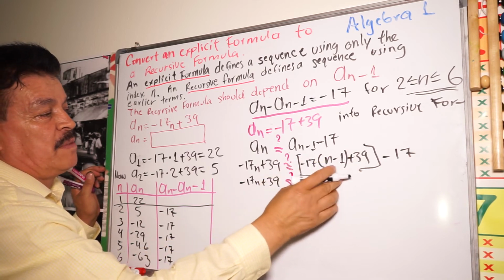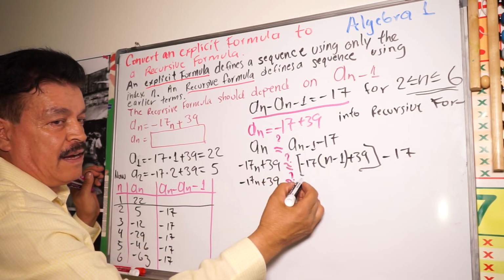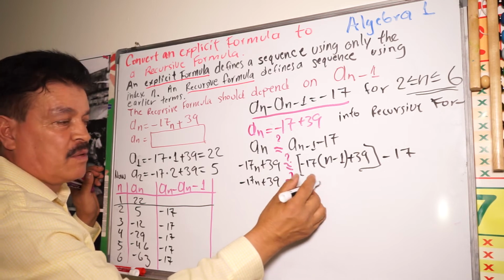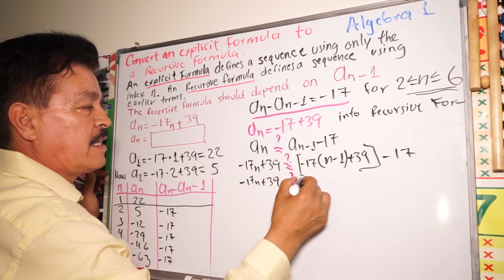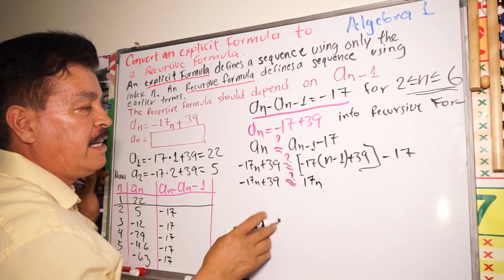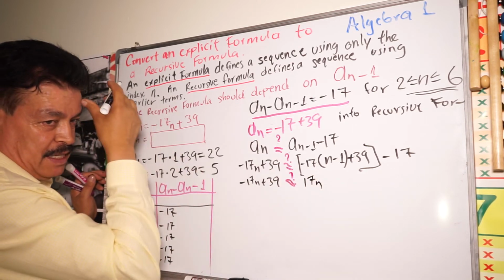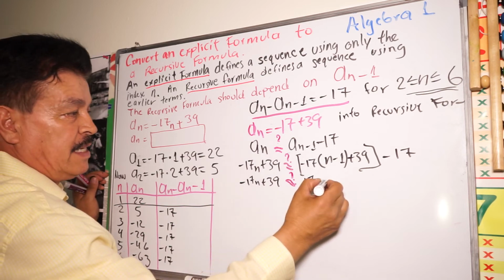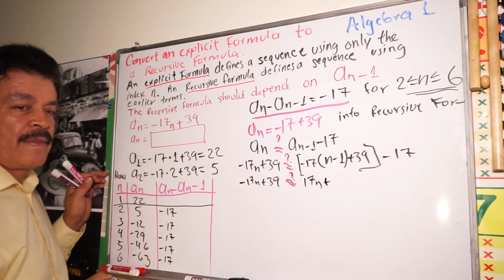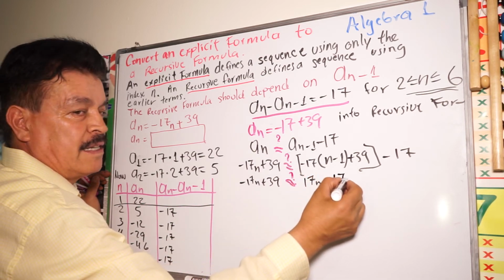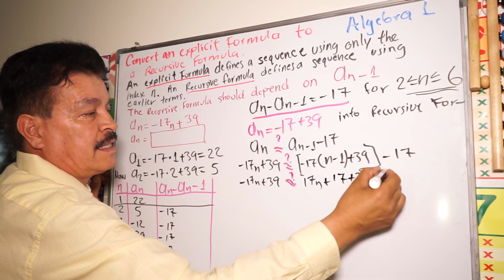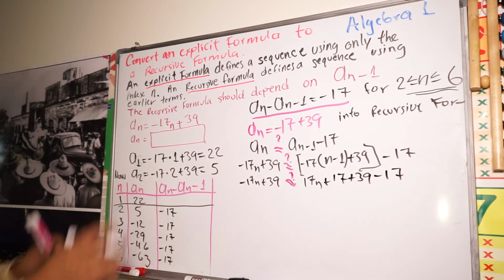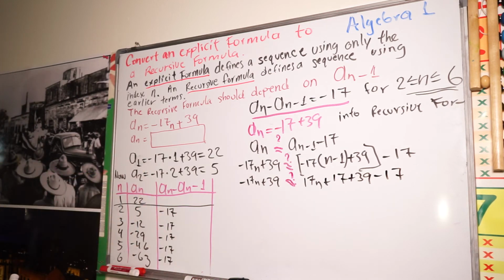When you multiply this, we are going to have 17n plus 17 plus 39 minus 17, so without brackets.